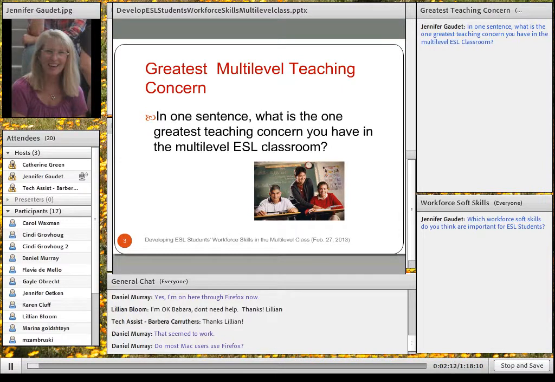If you look to the right at the top, it says greatest teaching concern. Go ahead and type in one sentence that explains what your greatest teaching concern is regarding a multi-level ESL classroom. I'll give you a couple minutes to think about it and type that in, and let's see what everyone has to say.